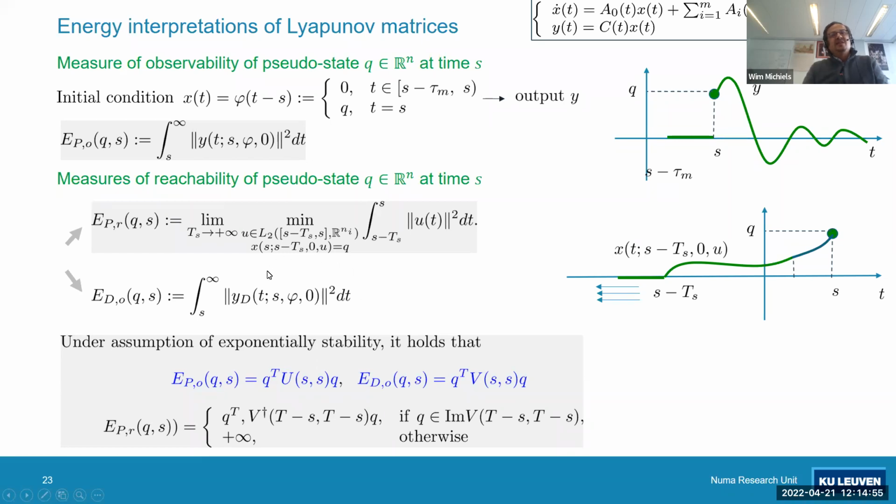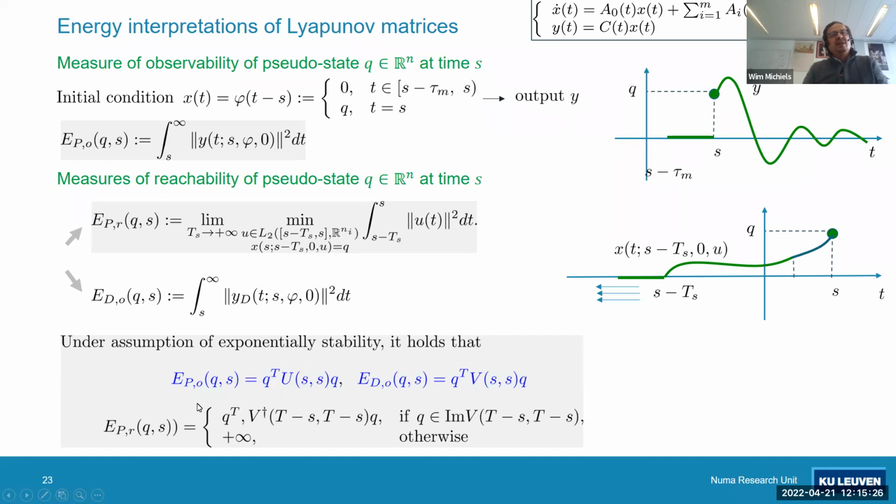What's very interesting is that the energy needed to reach Q can be expressed in terms of an outer product of Q transpose, something, times Q. And what's in between is precisely the primal delay Lyapunov matrix evaluated on the diagonal at S and S, with S the starting time in this case.